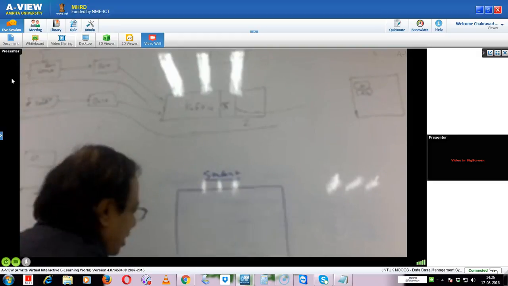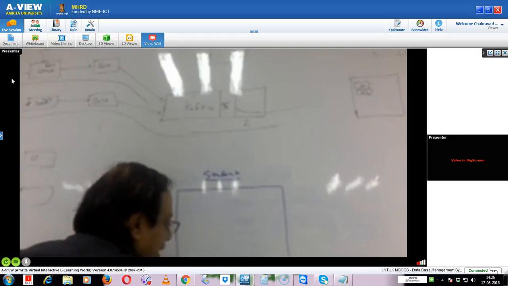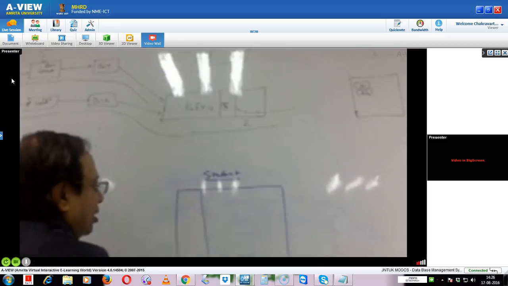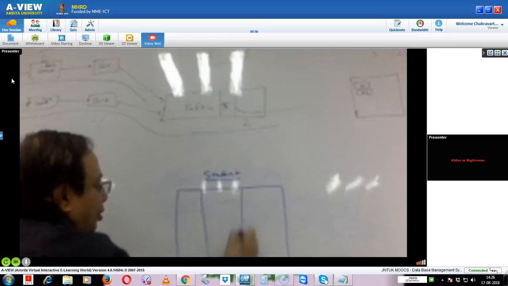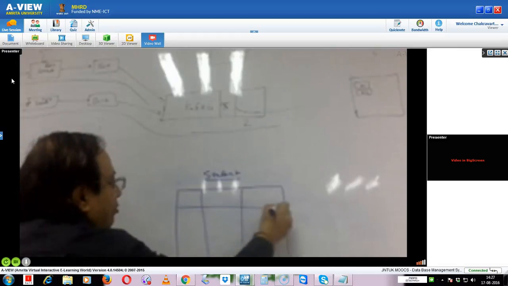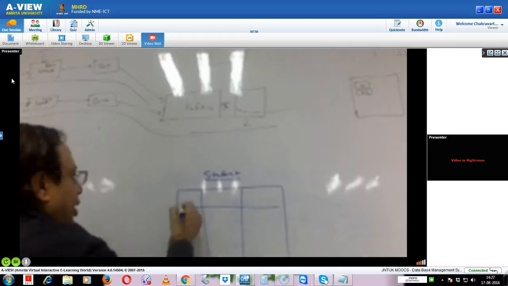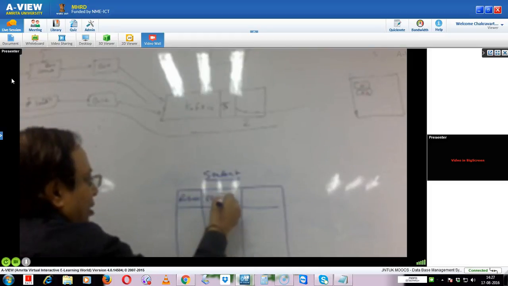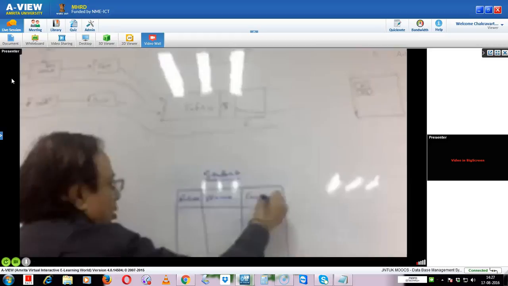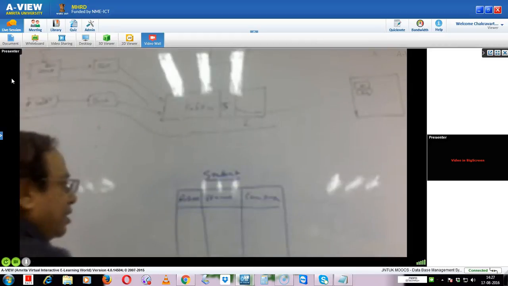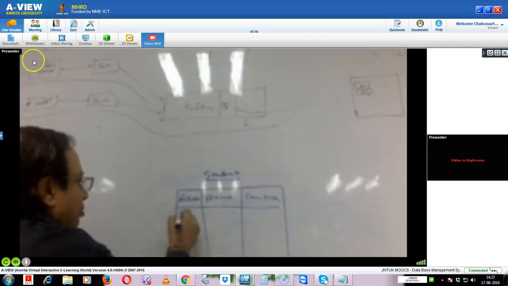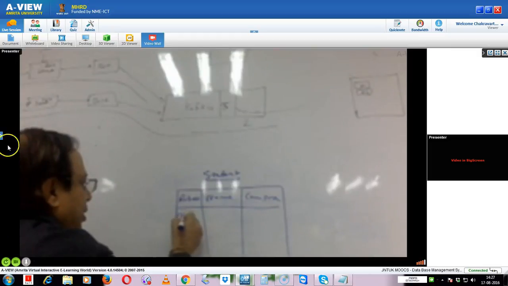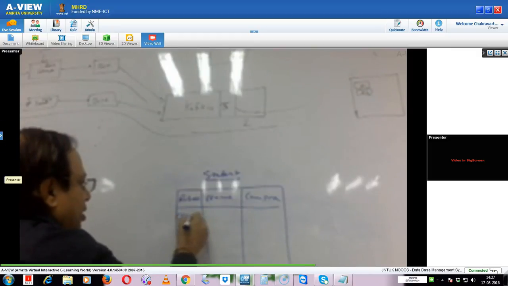This is just a table. A simple way to understand the relation is as a table where the first row will be the attribute names. For example, here you have the roll number, the name, and the course. Each of these rows, other than the first one, indicates a tuple.